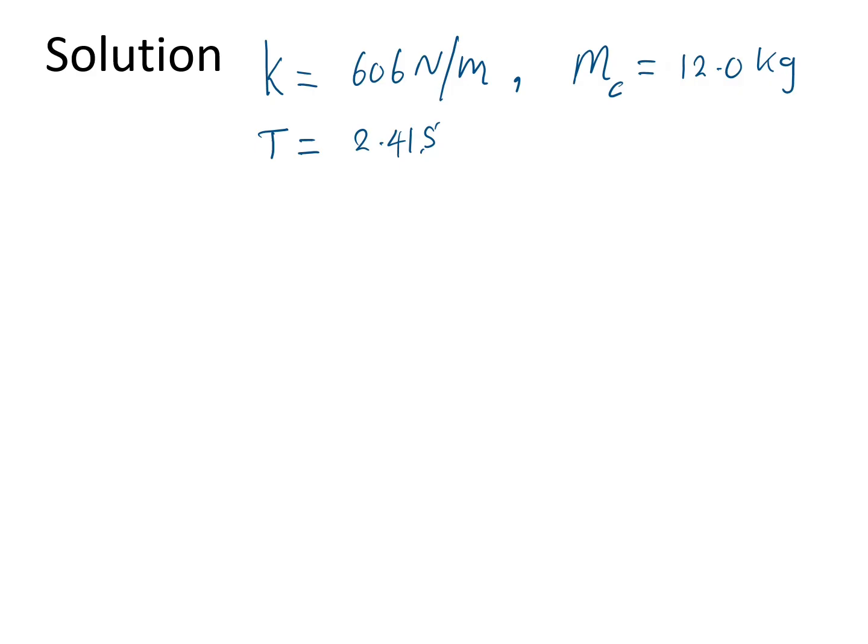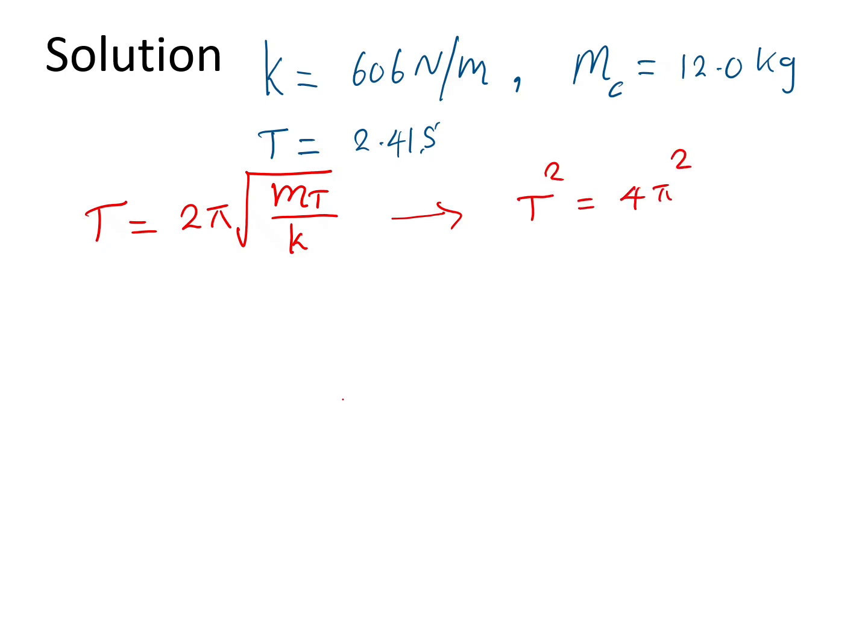To solve the problem, we start from the period relationship for a mass spring oscillator. The period is equal to 2 pi times the square root of total mass divided by the spring constant. Now we can square both sides. So we get T squared equals 4 pi squared times total mass divided by spring constant.